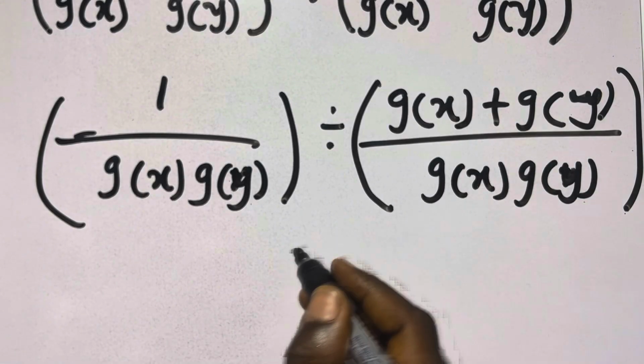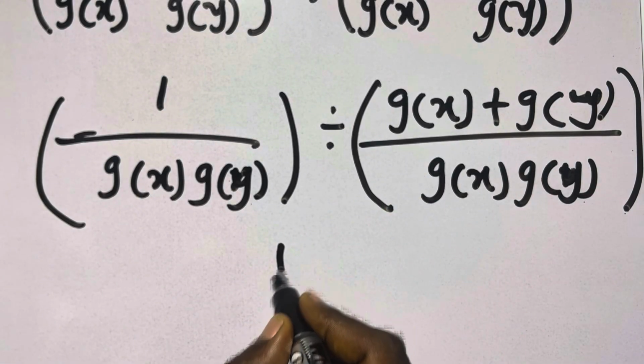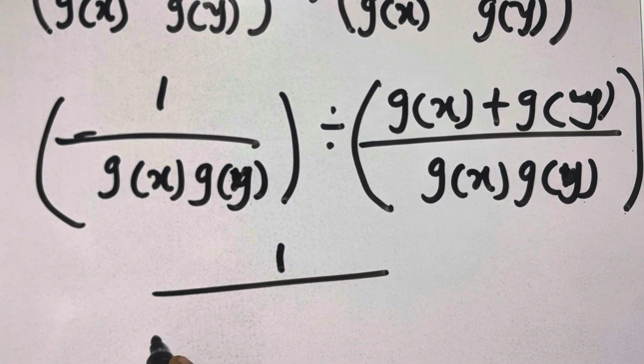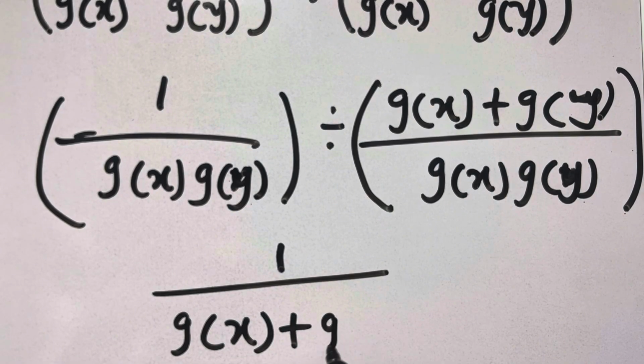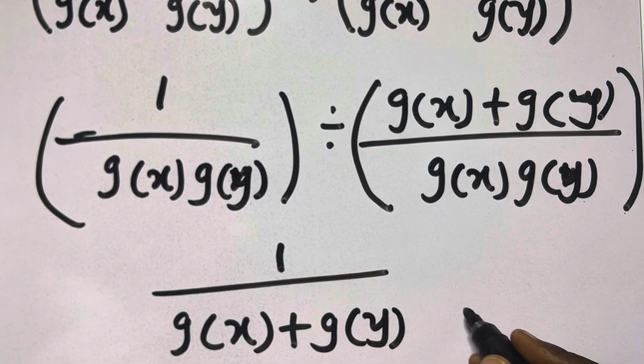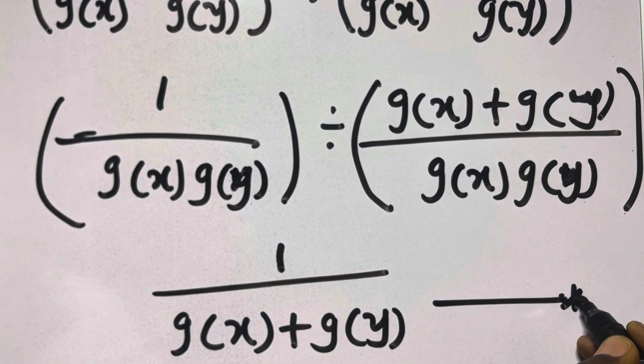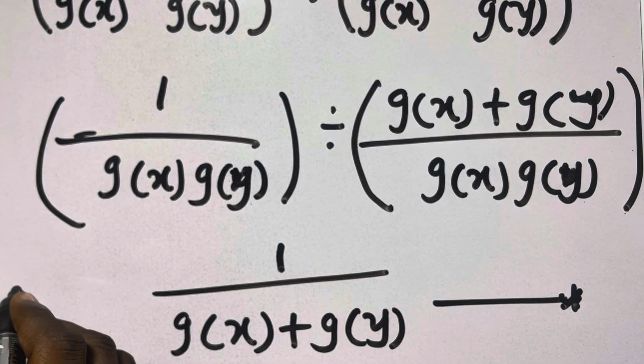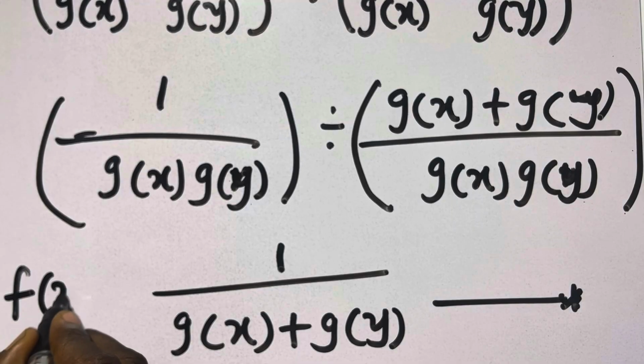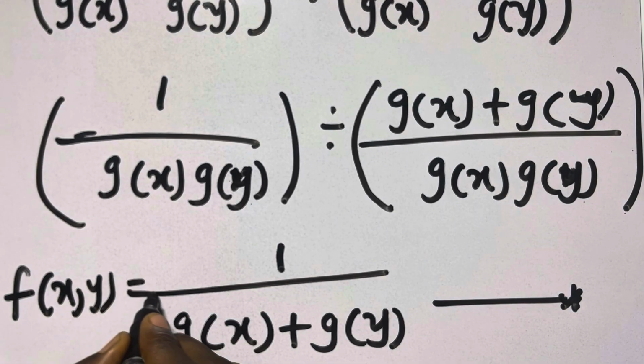So by that we are going to have 1 divided by g of x plus g of y. So you have to note this expression as well. Don't forget what we expressed to be here. So we expressed f of x comma y to be this.